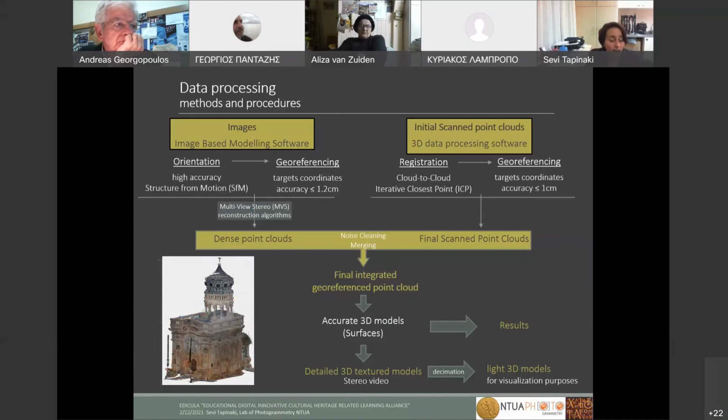The final integrated point cloud was produced by cleaning and merging the two point clouds, the scanned and the NVS point cloud. Subsequently, the accurate and detailed textured 3D models that were generated were used for the production of all other deliverables.